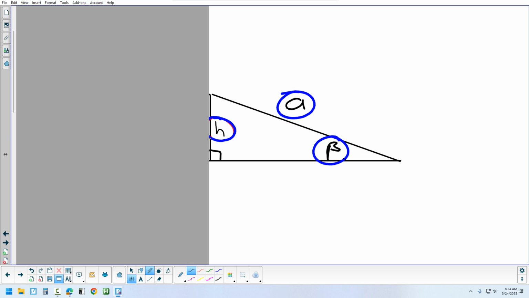Still opposite, yep. And what position is side A? Adjacent or hypotenuse? That's hypotenuse because it's across from the 90.